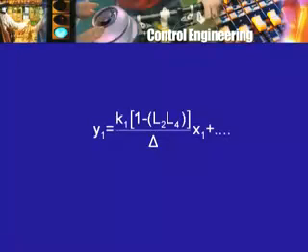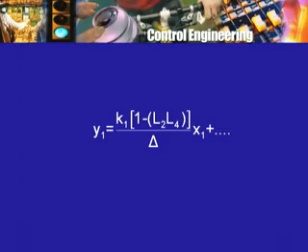So we have the numerator k1 into bracket 1 minus bracket L2 plus L4, divided by delta. This is the coefficient of x1 in the expression for y1. So y1 equals k1 times that expression divided by delta, into x1, plus the other term which is to be calculated now.